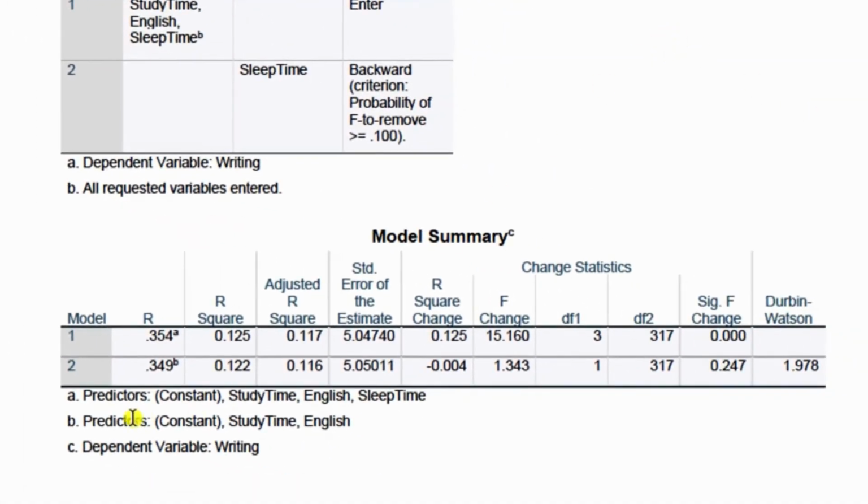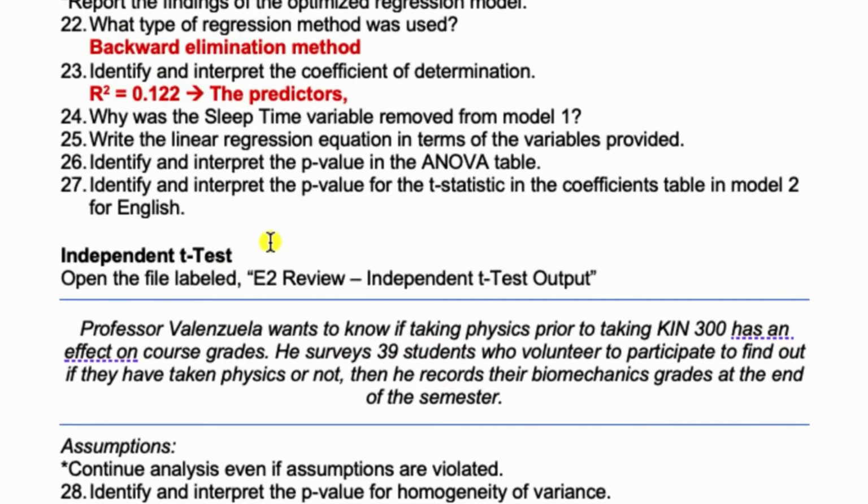So in this case, we can see model B, where the B coefficient is attached to model 2, and that tells us we have a constant, which is our B sub 0. We have study time and English. Okay, so the predictors, study time, and English.